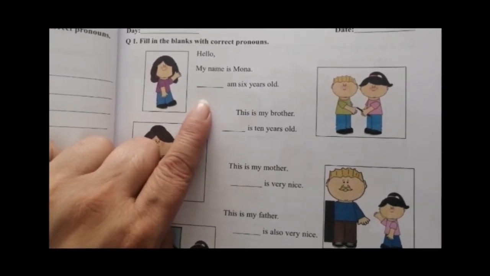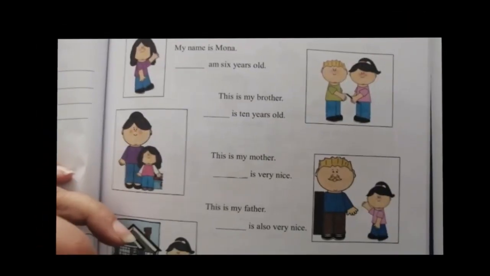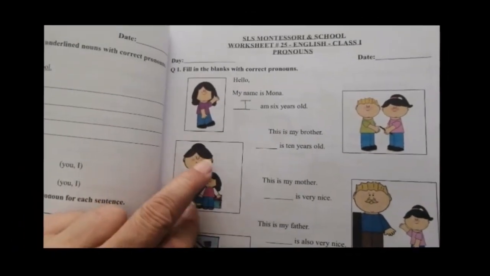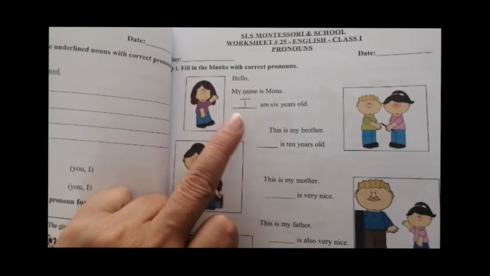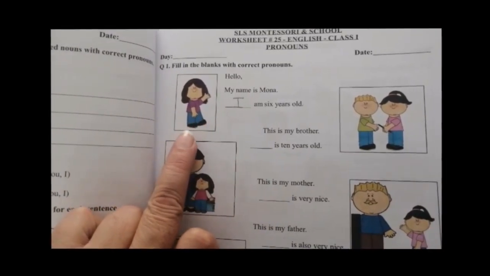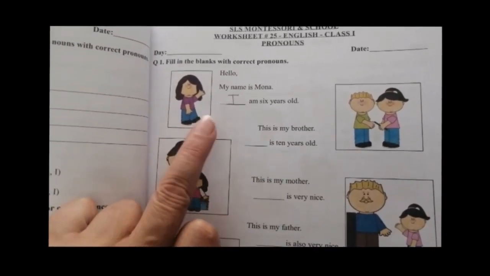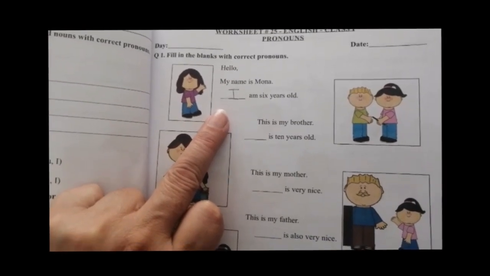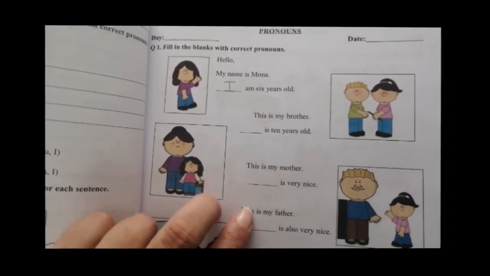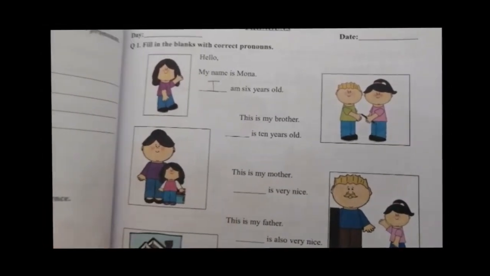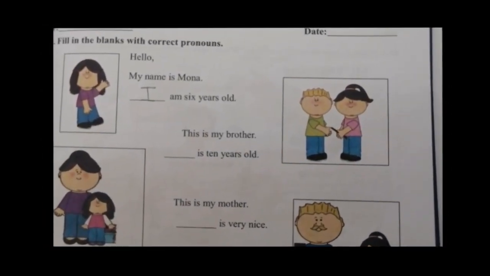I will do the first one for you. Okay, now see. I am 6 years old. Since Mona is talking about herself, so the pronoun I is used. Now look at the second picture. There are two children together. This is my brother.